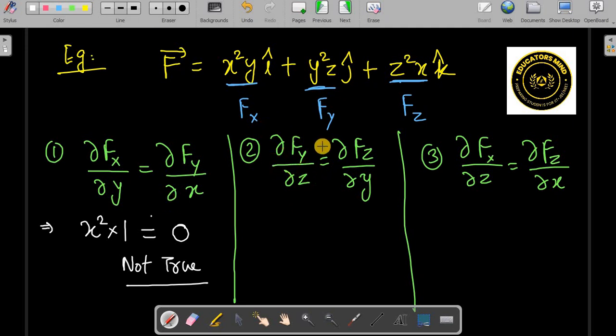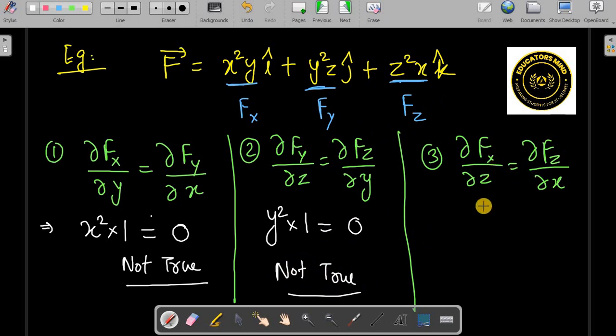Similarly, you can check the other conditions. Differentiating Fy with respect to z, y square is constant and z with respect to z is 1. And Fz is z square x, which you differentiate with respect to y. There is no y here, so it comes out 0, a constant. This is also not true.